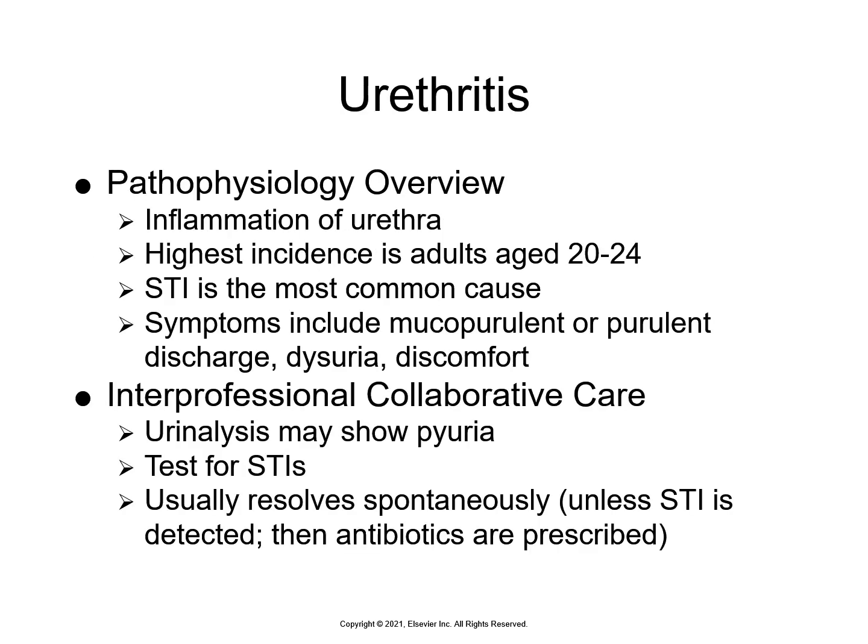So urethritis. This is inflammation of the urethra. It occurs in adults 20 to 24, and like we just said, STIs, sexually transmitted infections, are most often the cause of this, and those symptoms would include discharge.